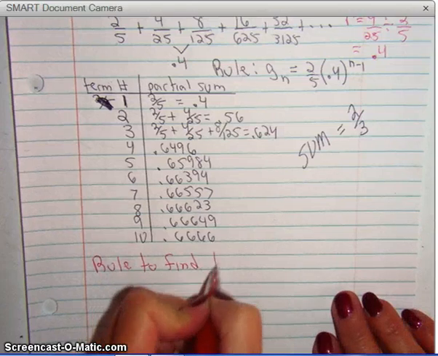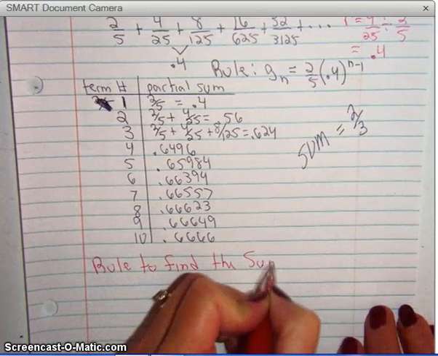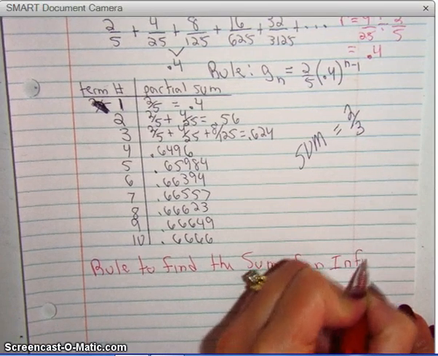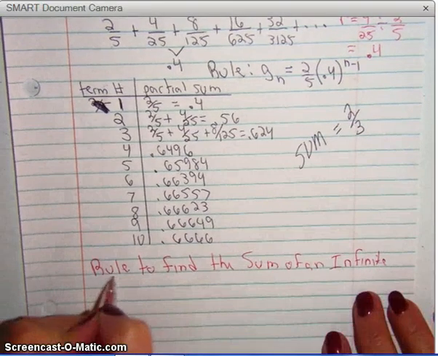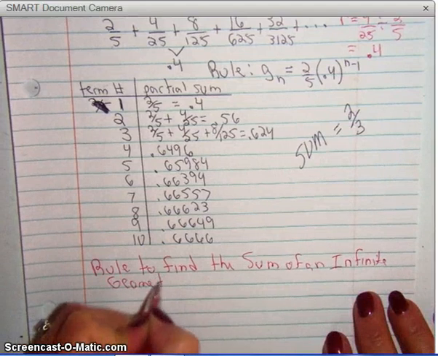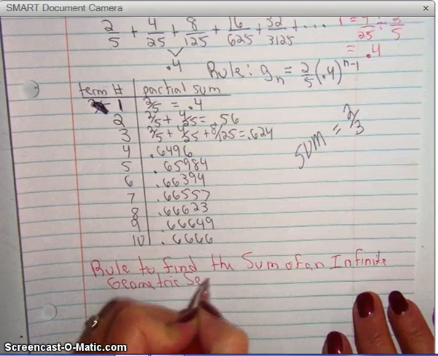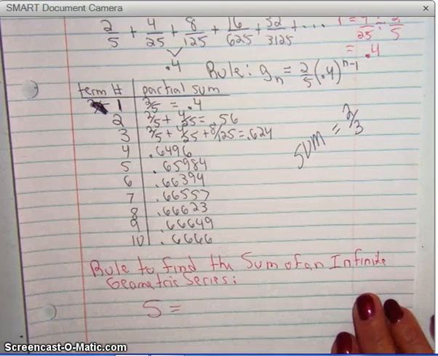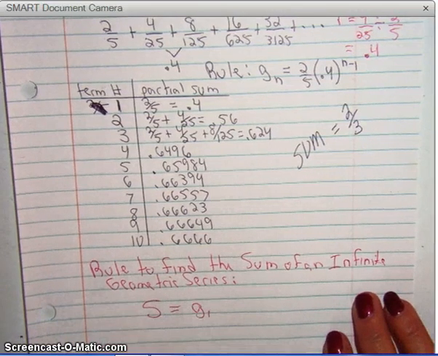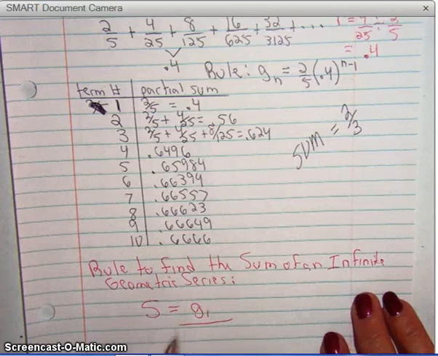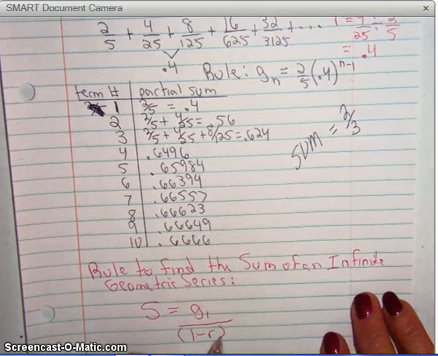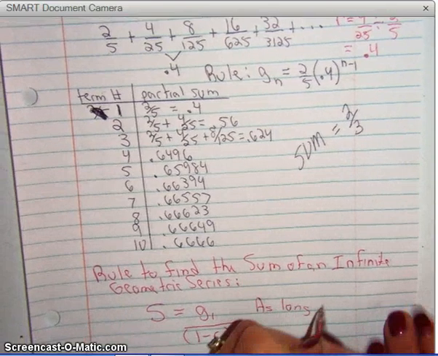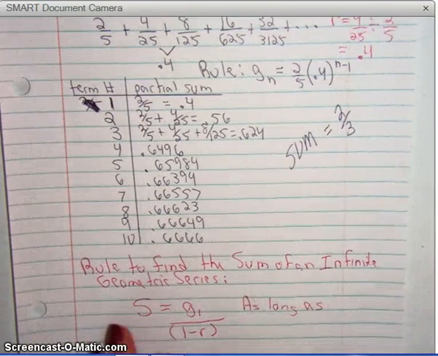So, the rule to find the sum of an infinite geometric series is sum equals g sub 1 over 1 minus r, as long as the absolute value of r is less than 1.